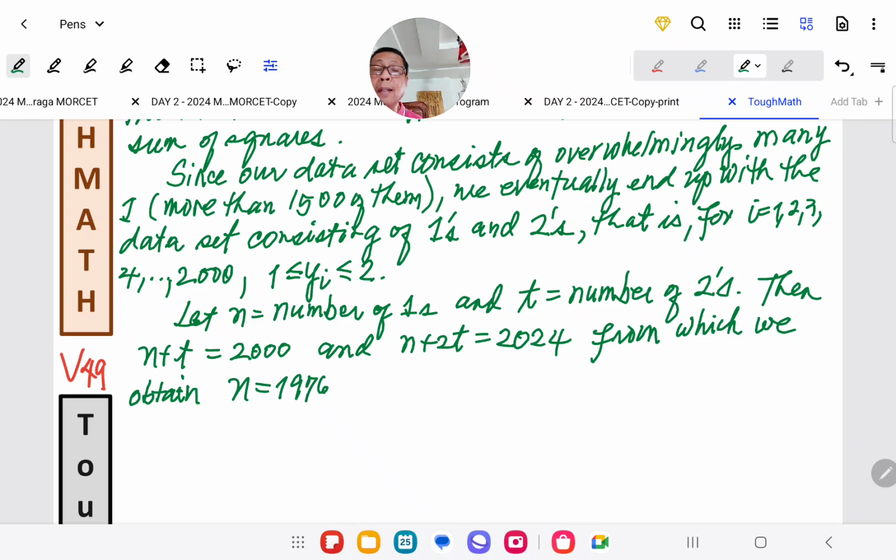So I said earlier there are more than 1,500 of them. Actually, there are 1,976 of them, and only 24 twos.